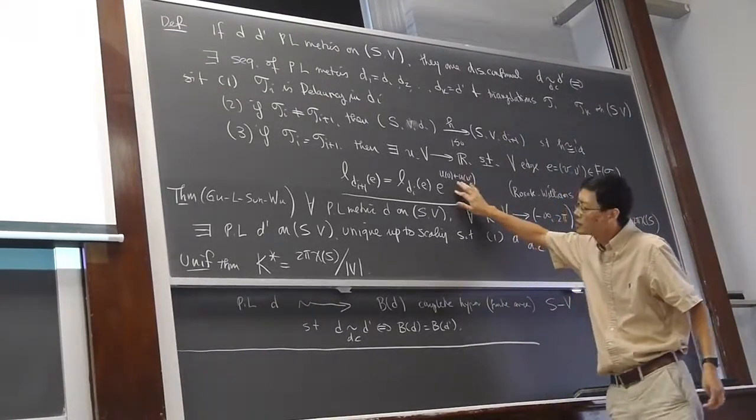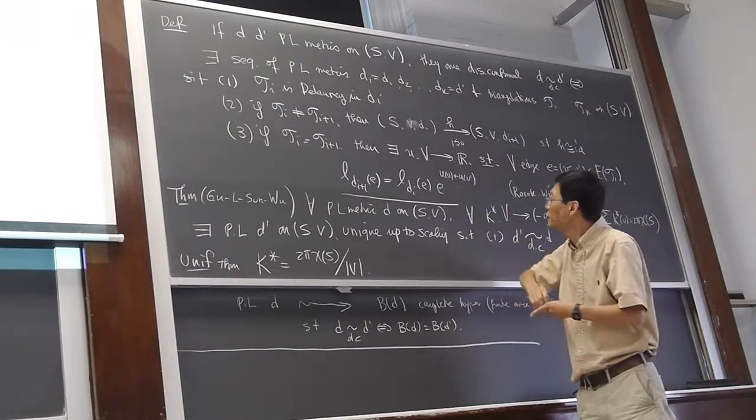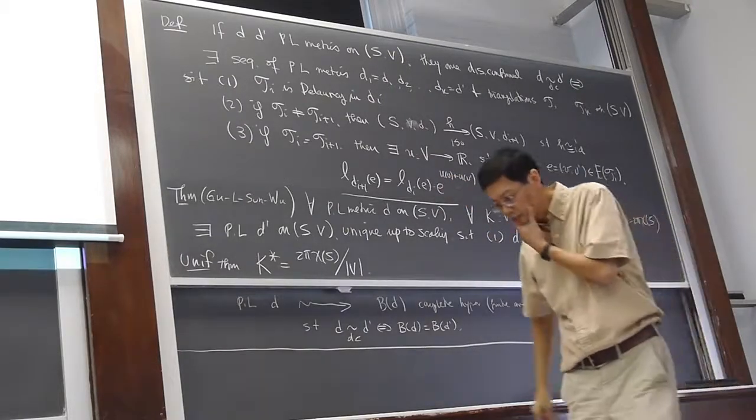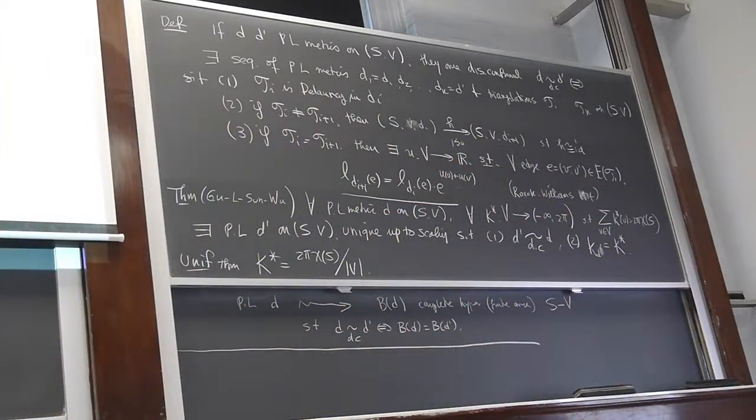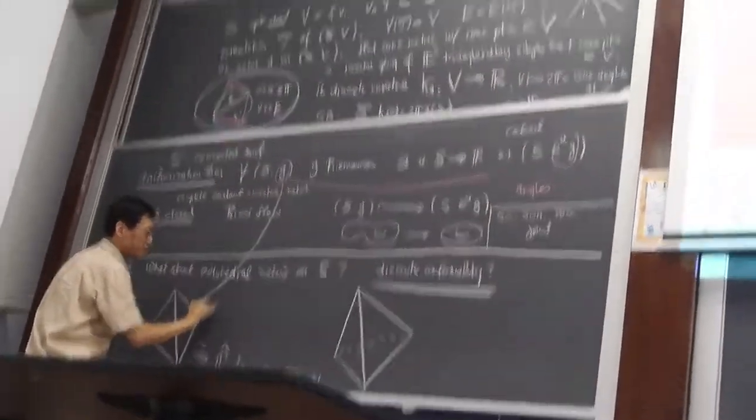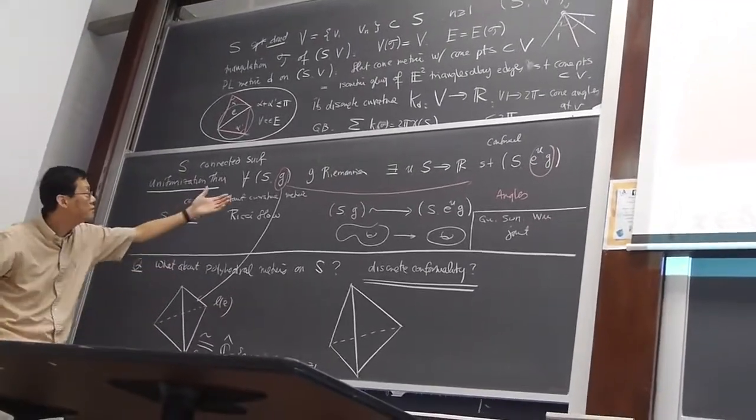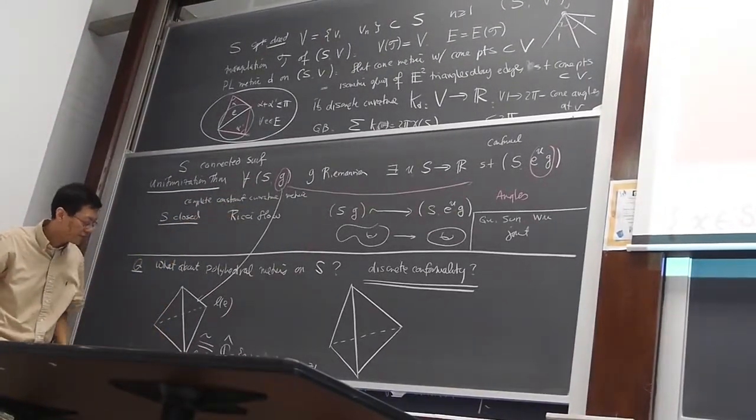And there is some reason to justify this as a reasonable definition, because when you discretize a Riemannian metric, the discrete version is just the edge length. So it's an infinite object and now becomes a finite object.